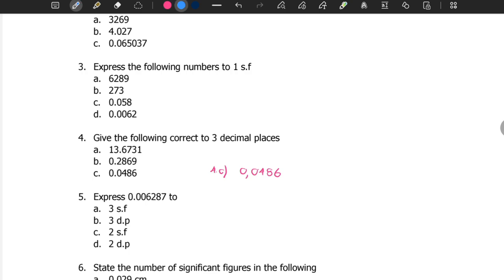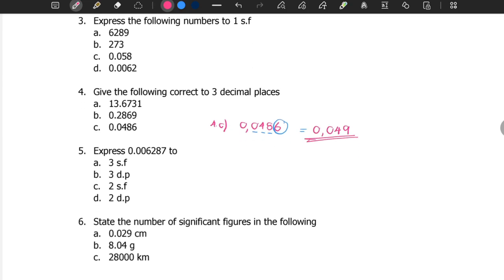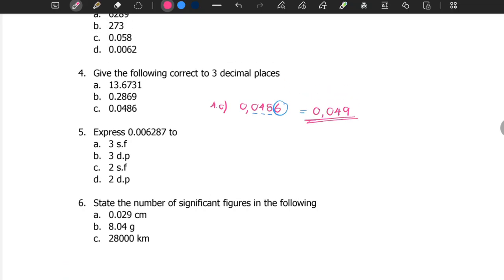Again, we'll mark where our decimal places are: 1, 2, 3. Then we look at the number on the right, which is 6. So 6 is greater than 5, so we round up. Our answer becomes 0.049. That's 3 decimal places. So you can give the rest of the questions a try.